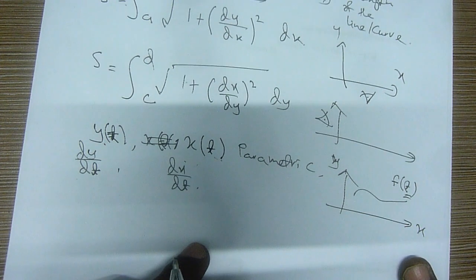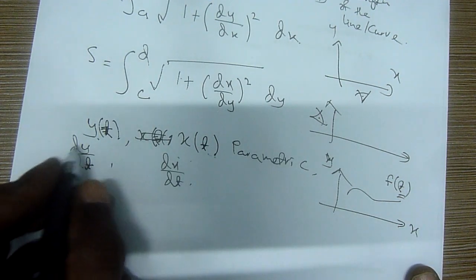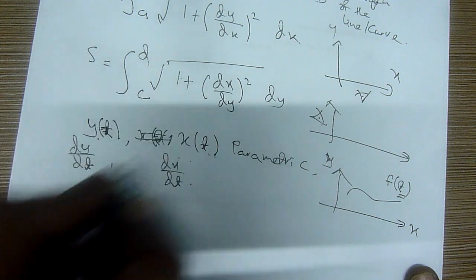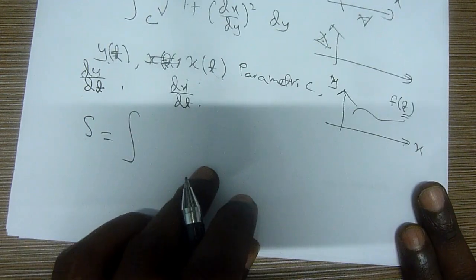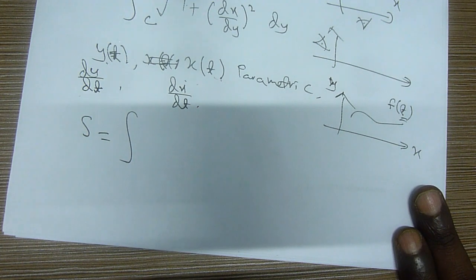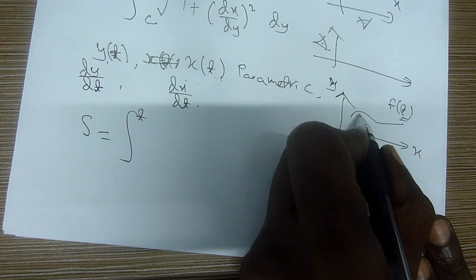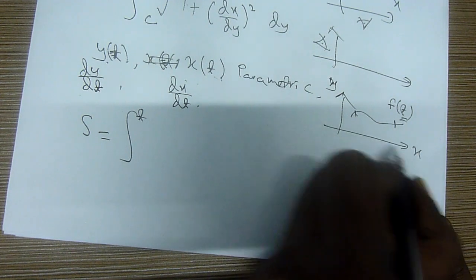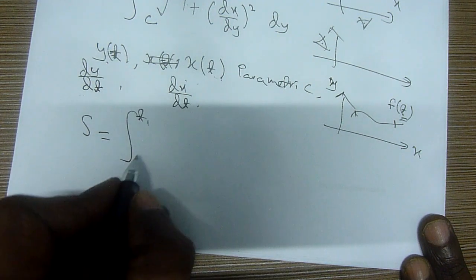Okay, then when we substitute the whole dy/dt, the equation can be summed up in parametric form, whereby it can be calculated based on t1. Okay, we use a t here. We cannot use x anymore. We use a t, t1, t2.